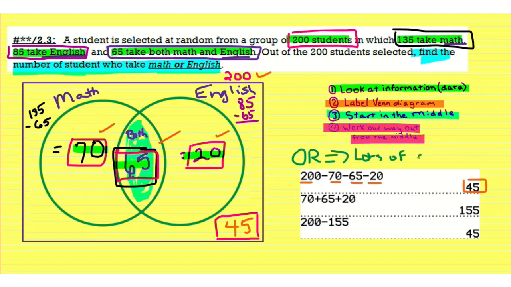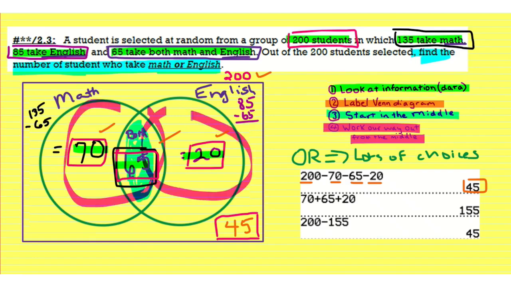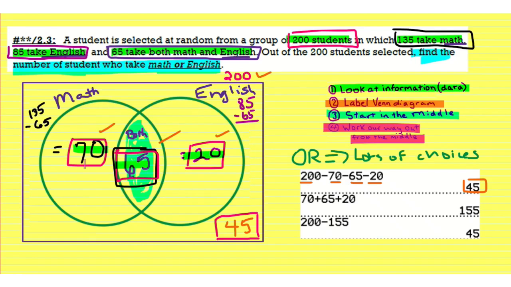So that means they took any of these math courses, or they took any of these English courses. So it's anything that is in the math circle or the English circle. Lots of choices. So what are all the numbers in there?